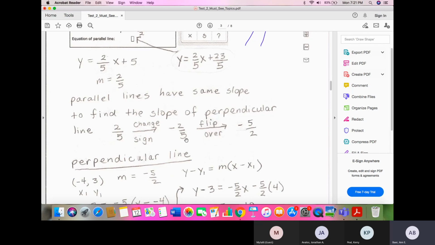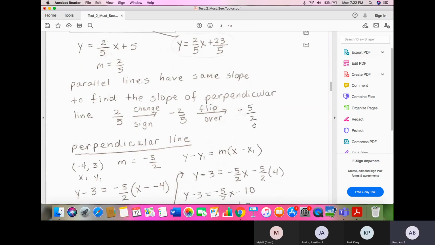And then once we have the negative 2/5, we just flip it over, turn it over, and get negative 5/2. So if you have any questions on how I got negative 5/2, I kept the negative sign. I took this 2/5, put the 2 in the denominator instead, put the 5 in the numerator.